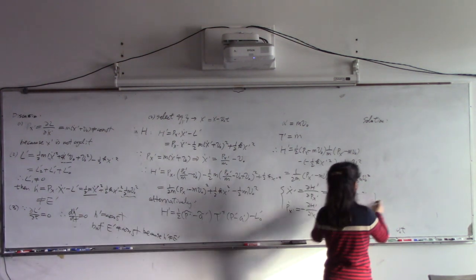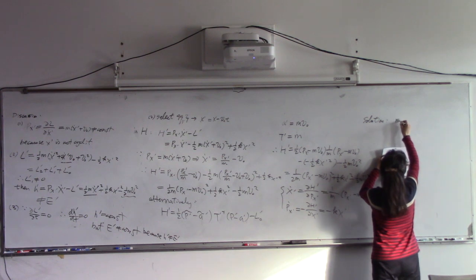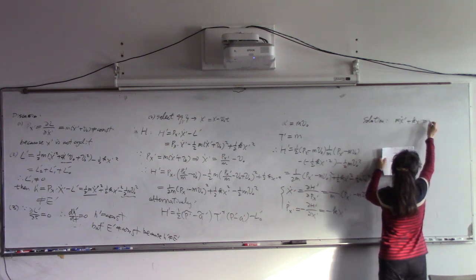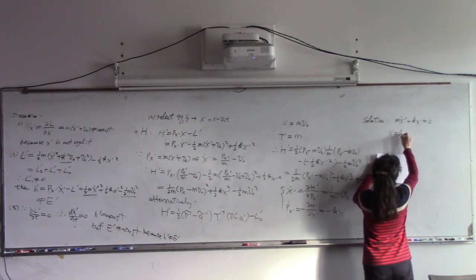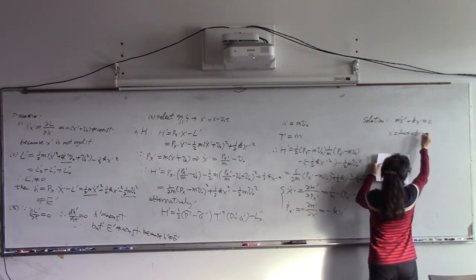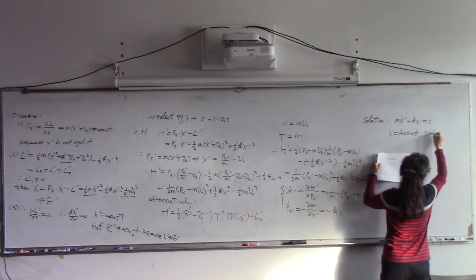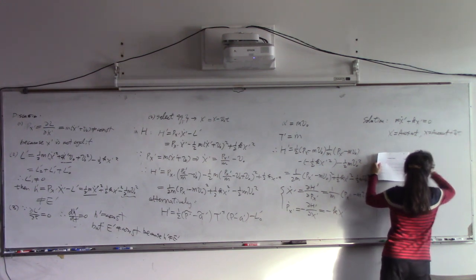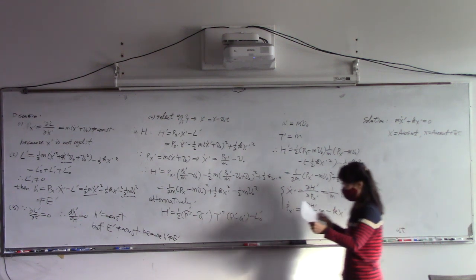We have m x prime double dot plus kx prime equal to 0. So we have x prime is A cosine omega t, and x is A cosine omega t plus v naught t. Yes, actually the same.